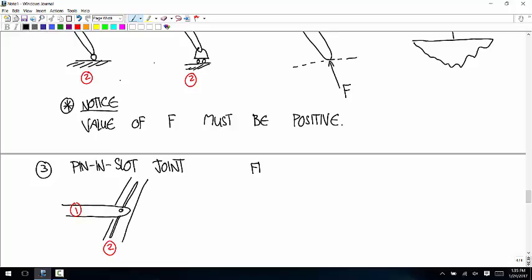A free body diagram of body 1. If the slot is oriented like this, then the force has to be perpendicular to that slot. And in this case, it doesn't matter whether you're drawing that arrow toward the chosen body or away from it. That slot can prevent motion in either direction. So you choose.